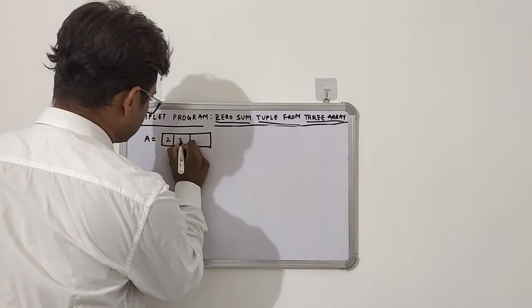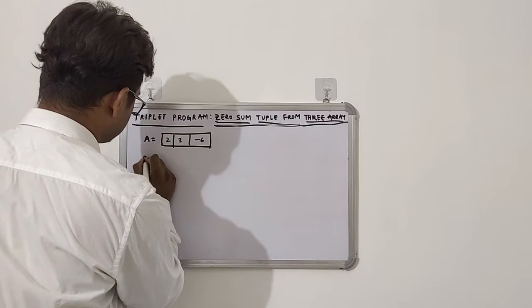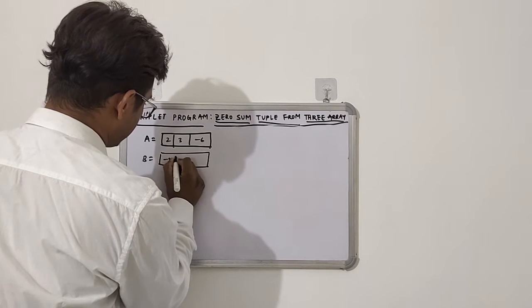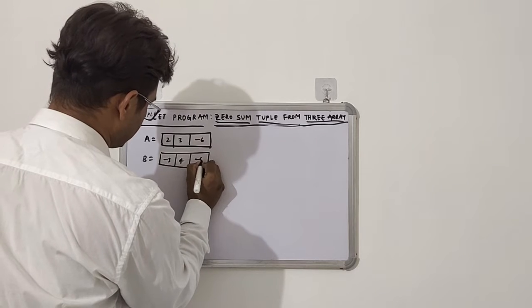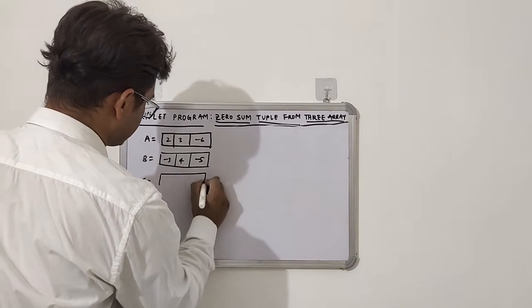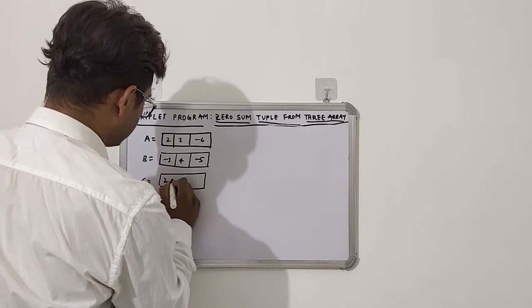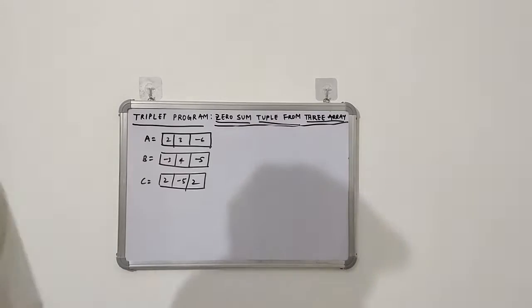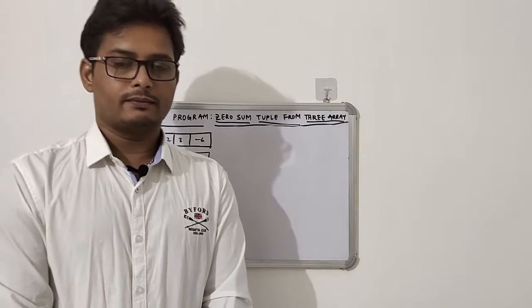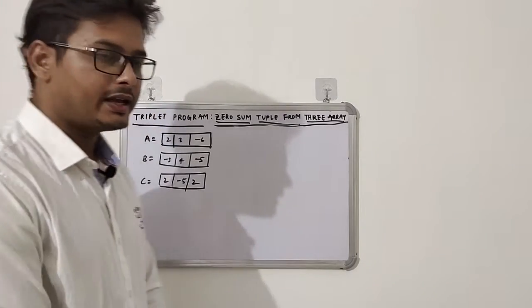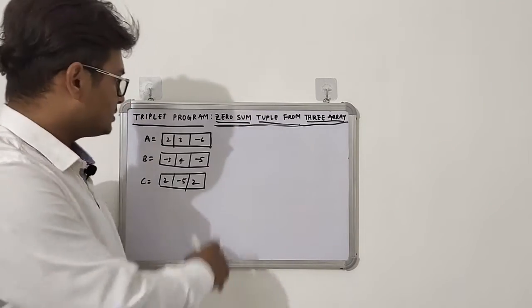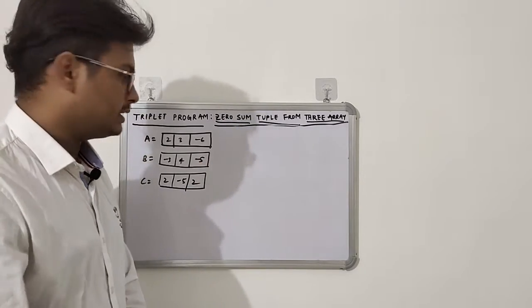Array A is 2, 3, minus 6, array B is minus 3, 4, minus 5, and array C is 6, 2, minus 5, 2. Okay, I have taken 3 arrays: array A, array B and array C. Each array has 3 elements, here n equal to 3.